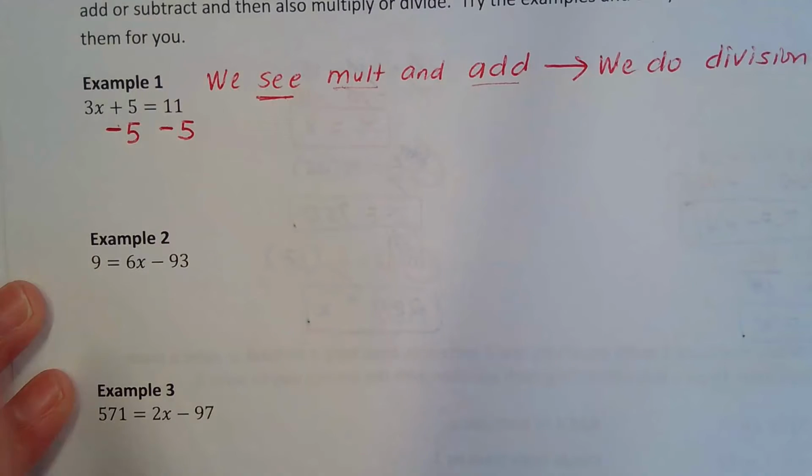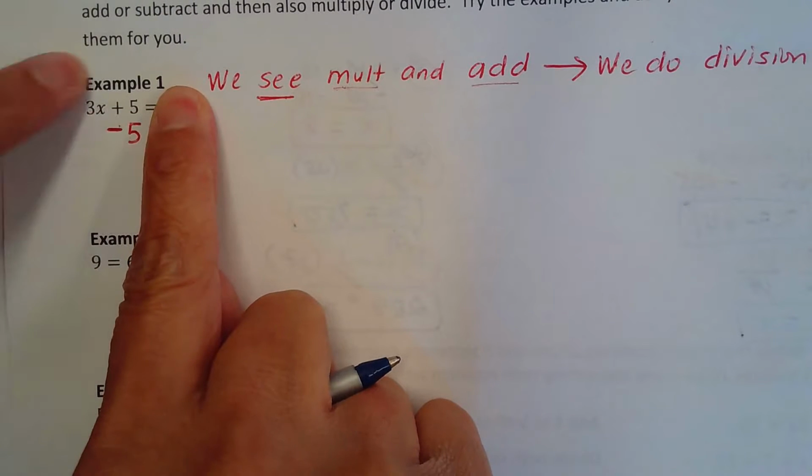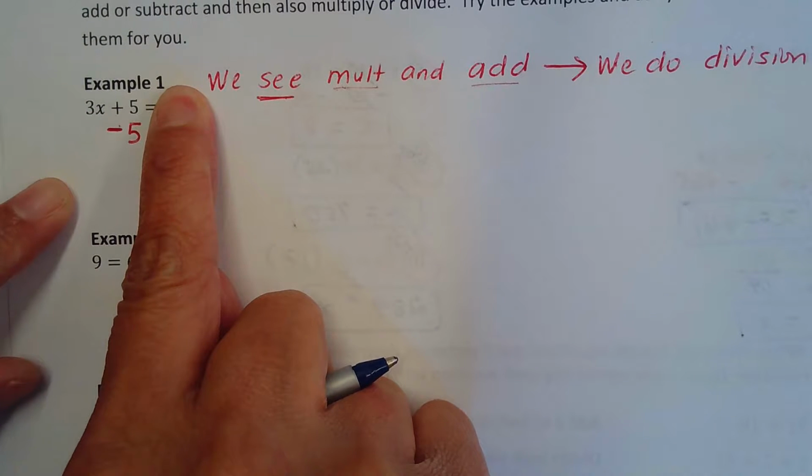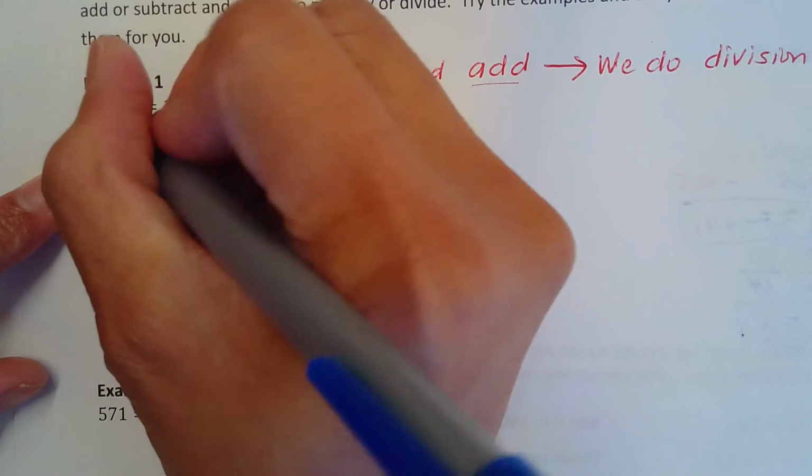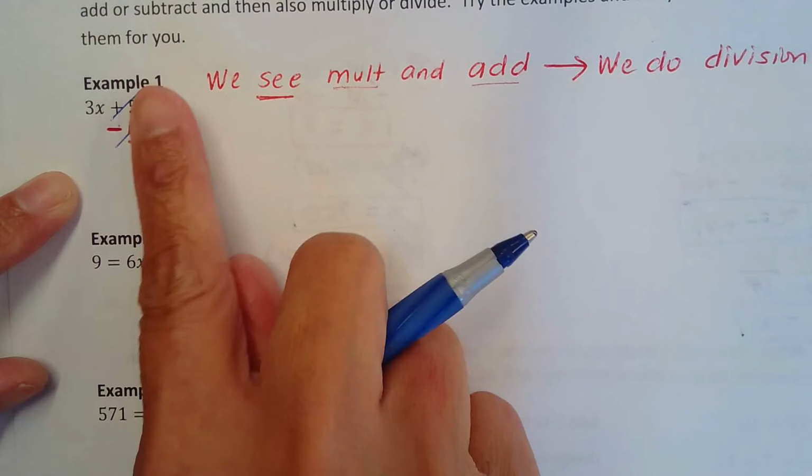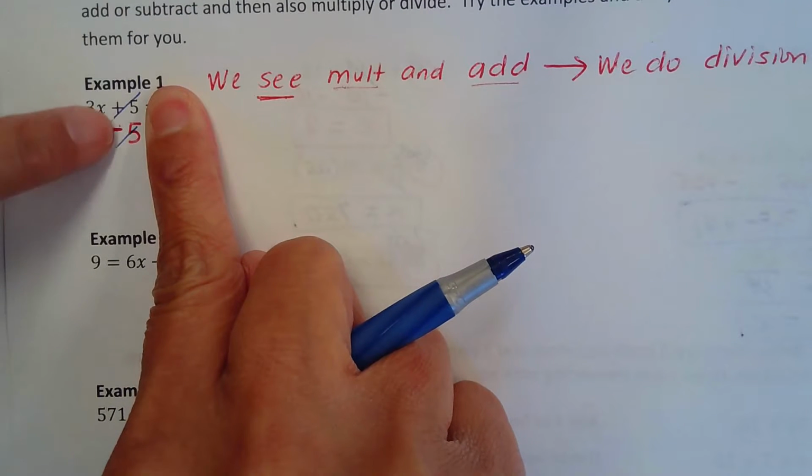So if we subtract 5 on the left side, what's left behind? If we subtract 5 on each side, what's left over?